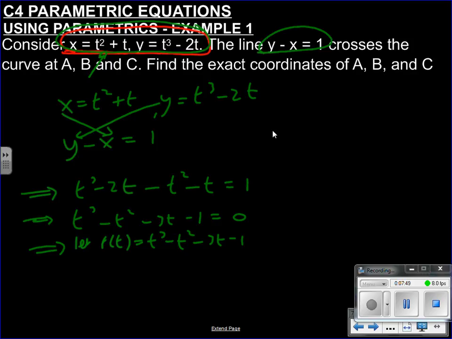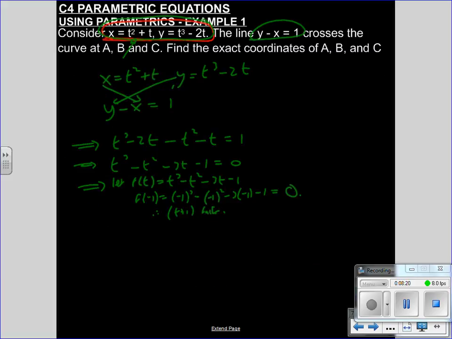Minus 1: answer cubed minus answer squared minus 3 answer minus 1. Yay! f of minus 1, success, gives me 0. A bit of C2 revision for you. Therefore, by the factor theorem, t plus 1 must be a factor of f of t.